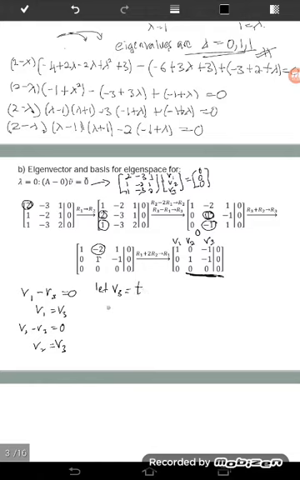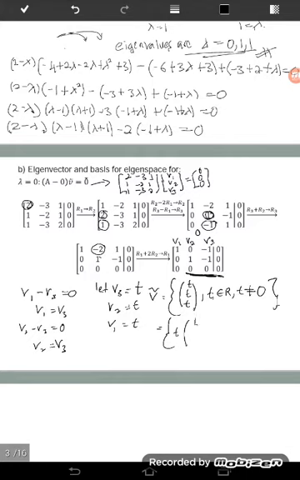Okay, so therefore we have v2 also equal to t, and v1 also is equal to t. Okay, so therefore we have the eigenvector, which is t, such that t element in a real number and t cannot equal to 0. Okay. We can write down as t times (1, 1, 1).